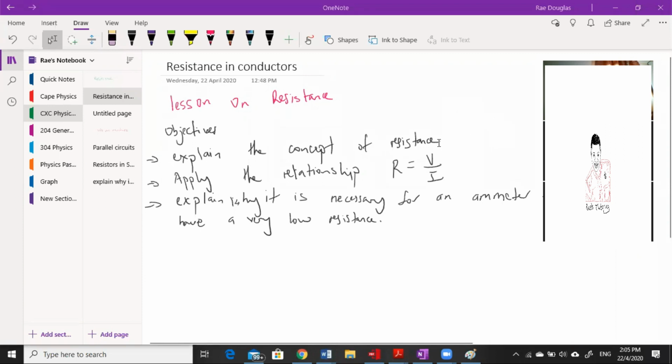Tell me, what do we know about resistance, by the way? What comes to mind when we're talking about resistance, in layman's terms? Are we still there? Silence causes violence, guys. Come on, speak up. If you don't know, you just don't know, right?